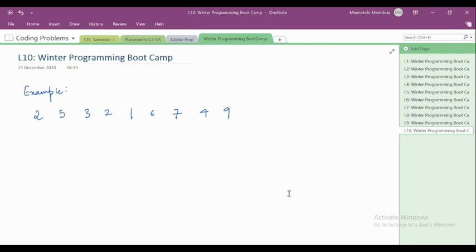Okay, so this is the example that we are considering here. If you can see, we have two occurrences of the element 2, so let us denote the first occurrence by 2a and the second occurrence by 2b, for example.